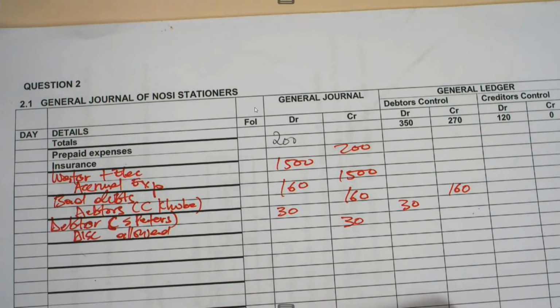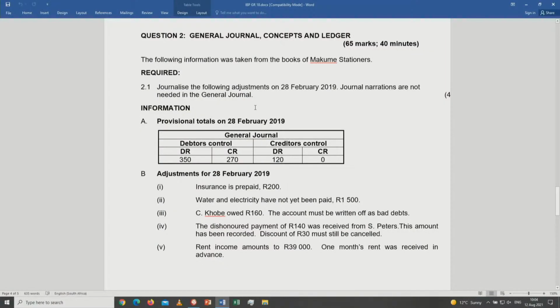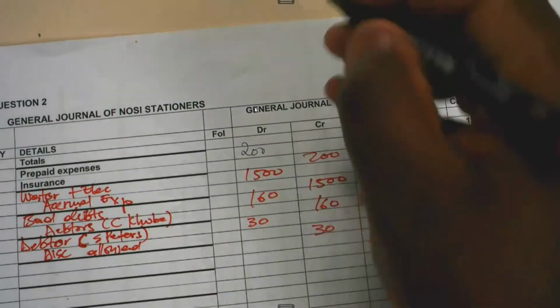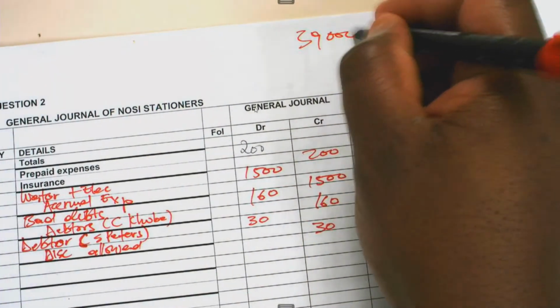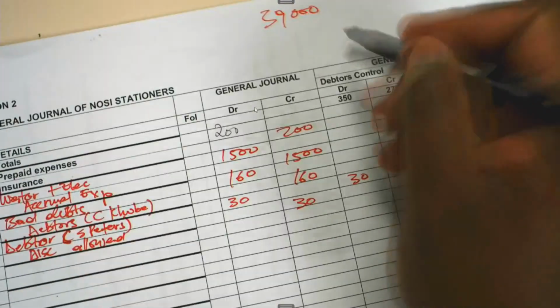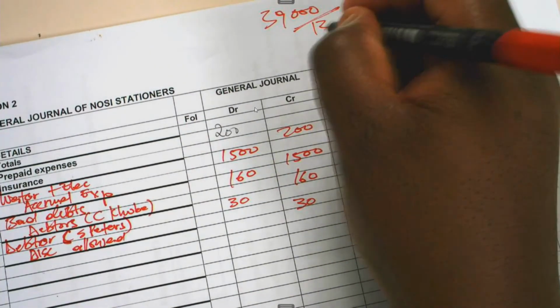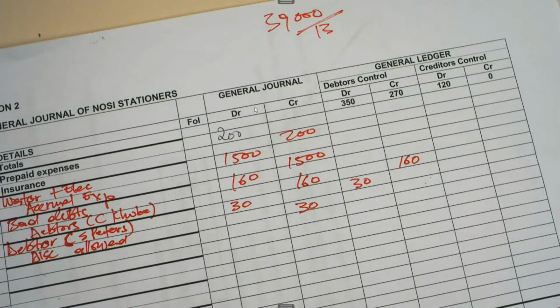But they said to us that 1 month's rent was received in advance, meaning out of this 39,000, there's 13 monthly rents inside it.